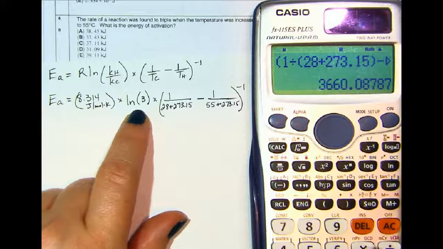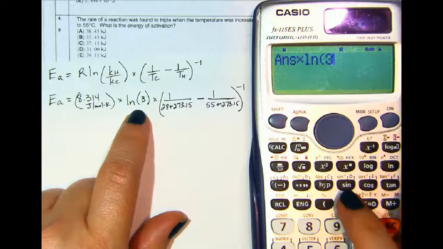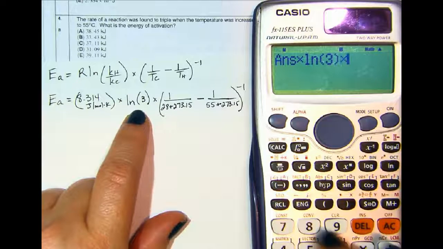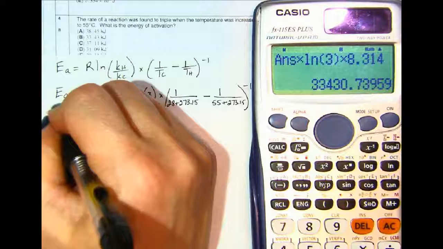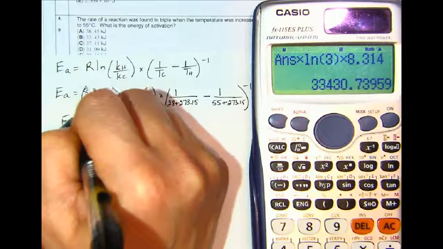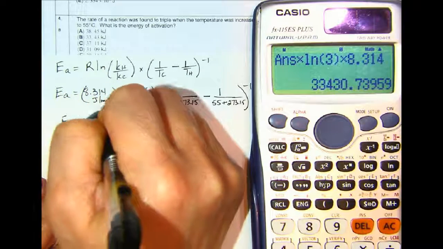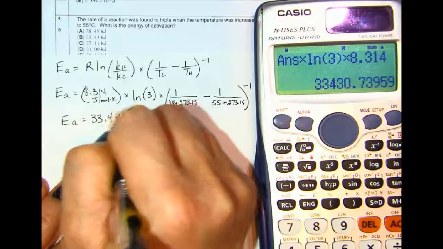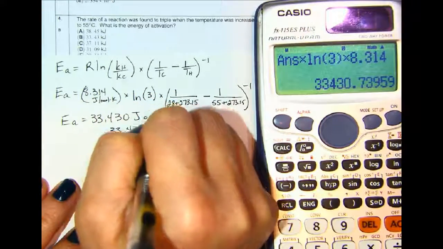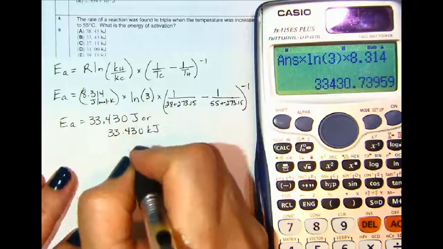Now we'll multiply this times the natural log of 3, make sure you close the parenthesis, times 8.314 equals, and we get an activation energy equal to 33,430 joules, or 33.430 kilojoules, which is going to be letter B.